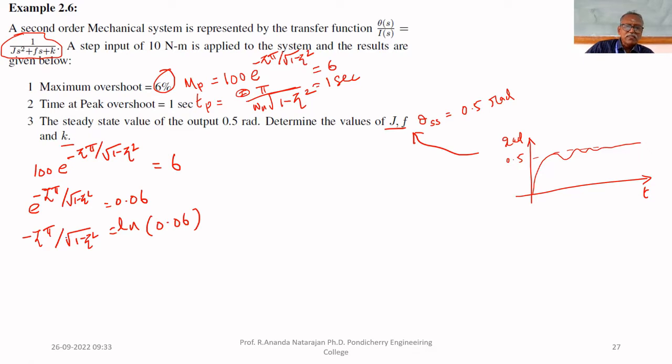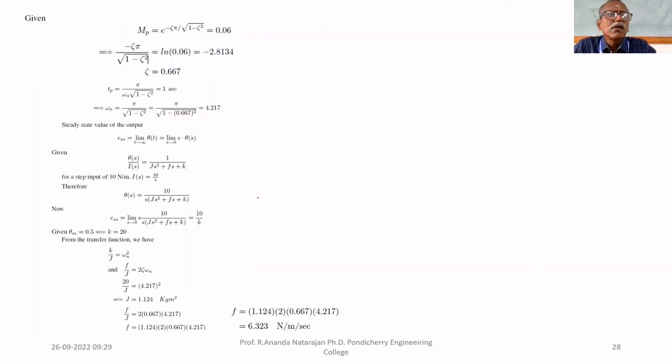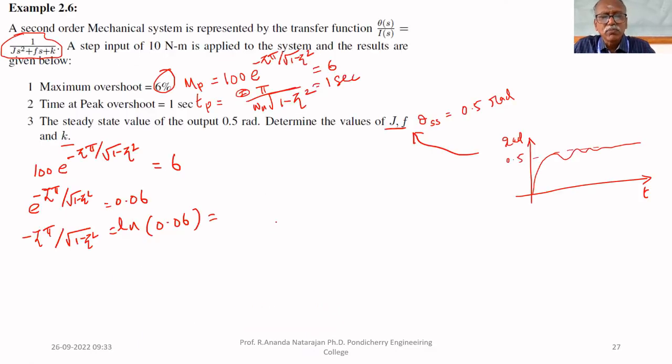So now we have to find zeta square. What is the value of this? Equal to minus 2.8134. So both the minus signs get cancelled.